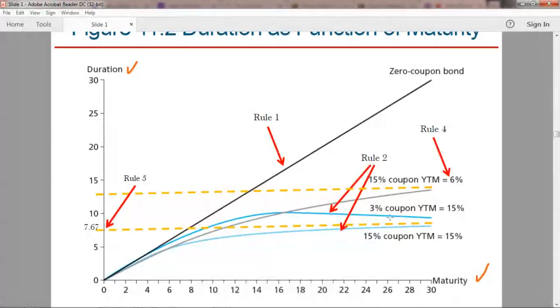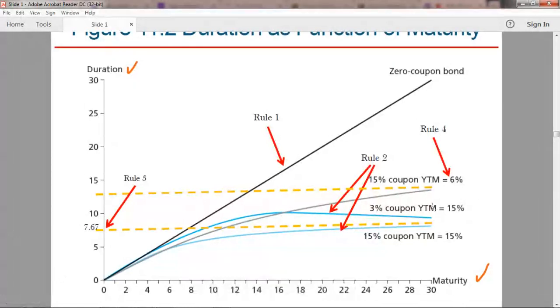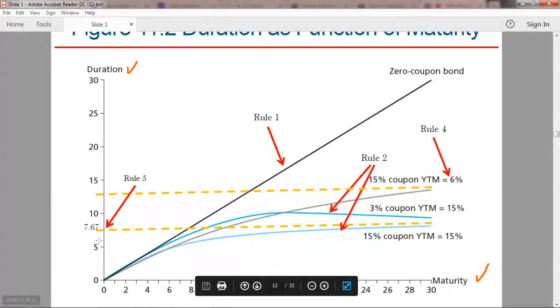But depending on the rest of them, think about it. Duration drops drastically. It's a 30-year bond, but the duration drops basically below 7.67 years, the lowest duration, when coupon is high and yield is high.